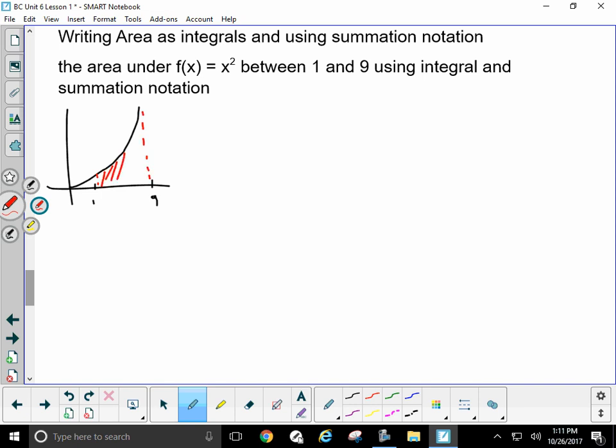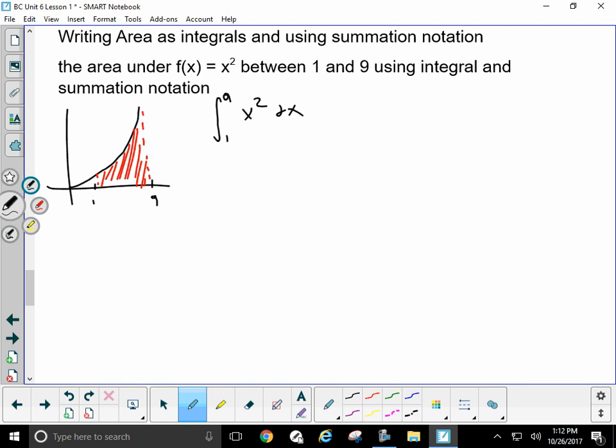This area right here between 1 and 9, I would say it's an integral starting from 1 going to 9 of x squared times dx. That's easy enough, right? Since it's not like 4 plus x squared, and it's just x squared, we don't necessarily have to put parentheses around x squared, but it's good practice if you do.